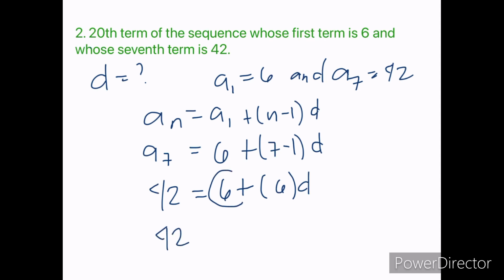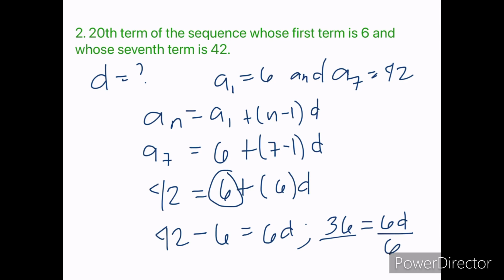Then transpose this to the other side. Since it is positive, it becomes negative. So 42 minus 6 is equal to 6d. Then simplify. 42 minus 6 is 36, equals 6d.